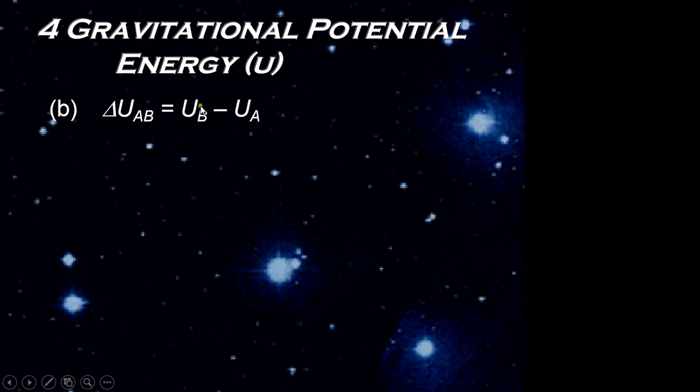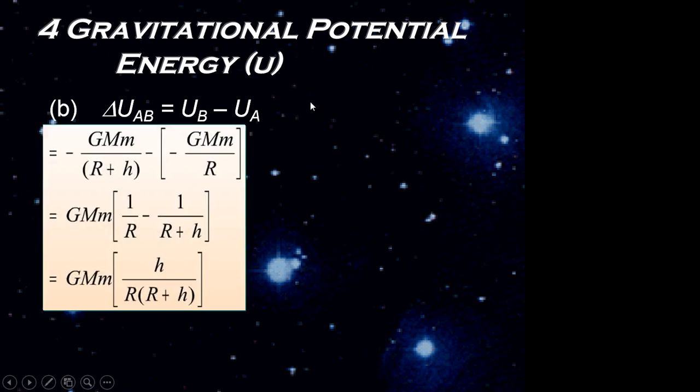The change in potential from A to B is UB minus UA. It's an addition. B, although it's less negative, is a larger value than A, so UB minus UA will give you this.